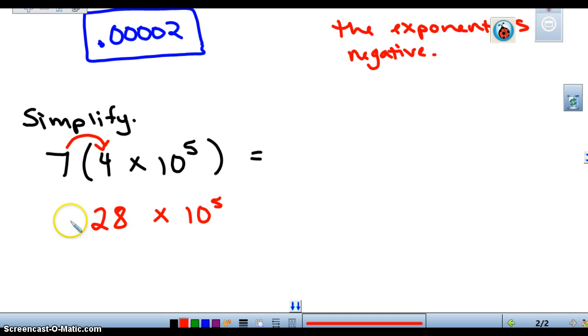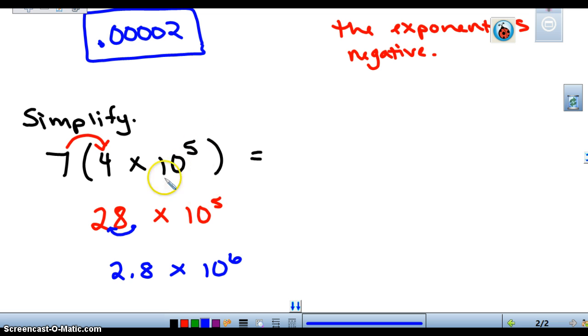Now is this in scientific notation? What do we need to do? We have to move the decimal. So where's the decimal on 28? After the 8. That means we have to move the decimal 1 space to the left. So 2.8 times 10 to the 6th power, because we had to add 1.